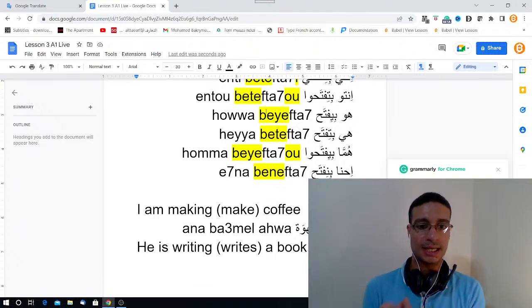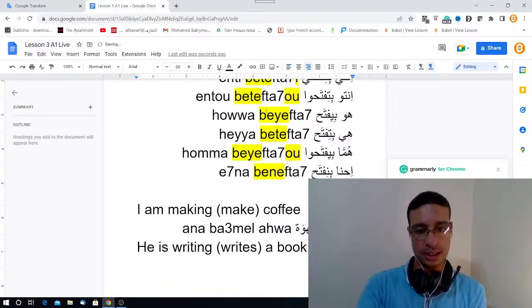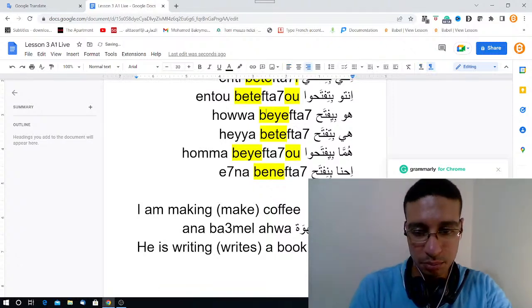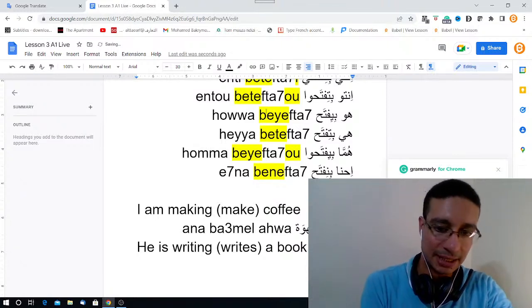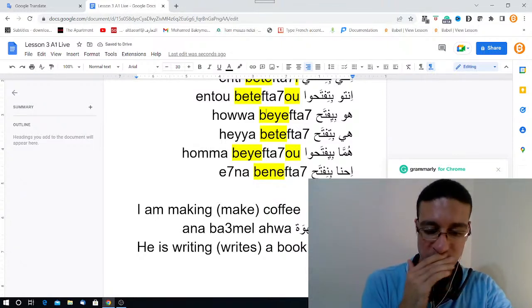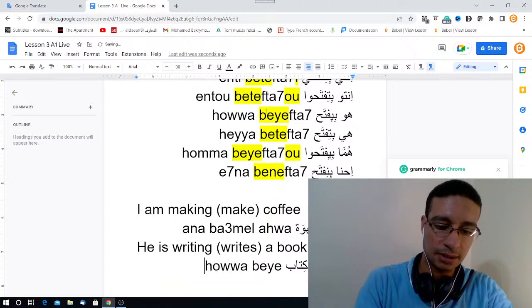It's كتب. So how to conjugate this with he? He is هو, and then هو بيكتب. Okay. Book is كتاب. هو بيكتب كتاب.